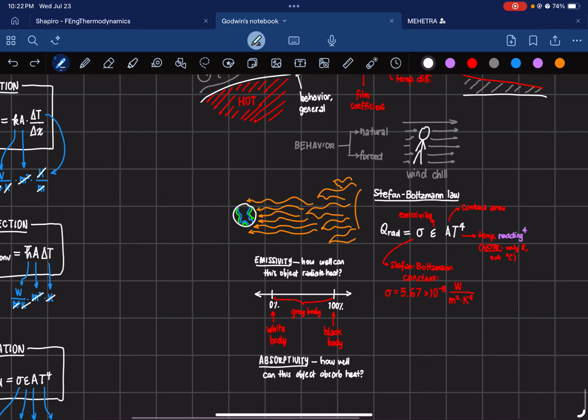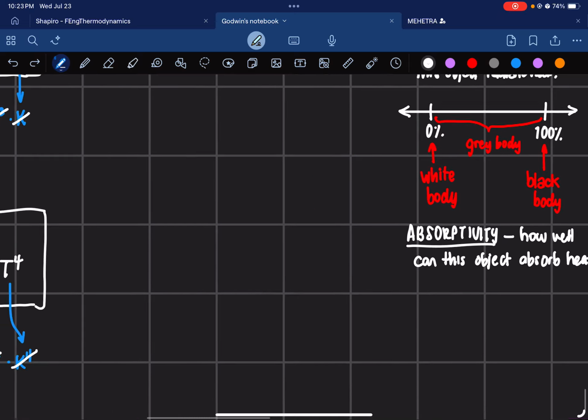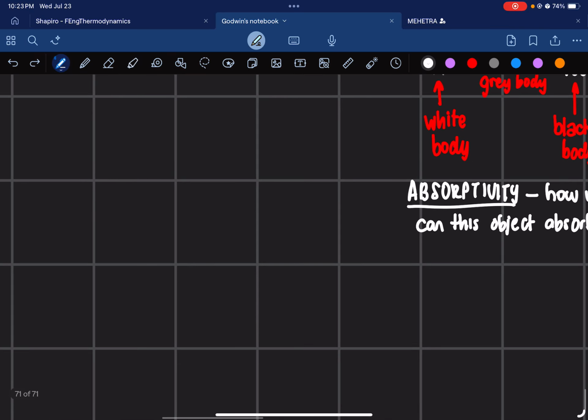And again, ito na yung radiation natin. The common emissivity daw of a person is 0.95. So 95%. We are a 95% black body. Let's just see, for example, kung ano yung magiging amount of radiation ko.